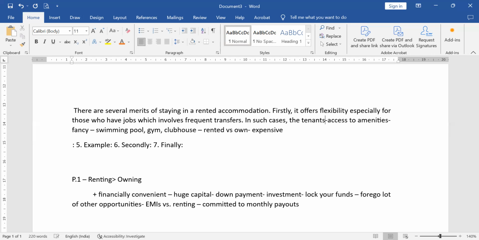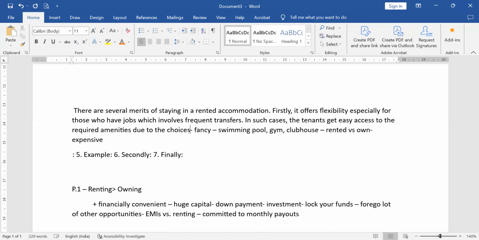Tenants or individuals get easy access to the required amenities. I'm trying to add adjectives. Required amenities is due to the choices they have. Yes or no?